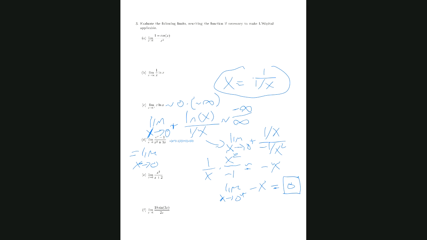So L'Hopital's rule tells us that it's equivalent to taking the limit of e to the x over 2x plus 3. And now I can just plug in 0. Okay, so this will just give me e to the 0th power divided by 2 times 0 plus 3, which is just 1/3.